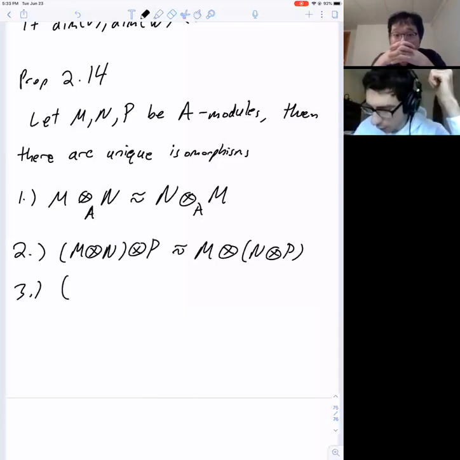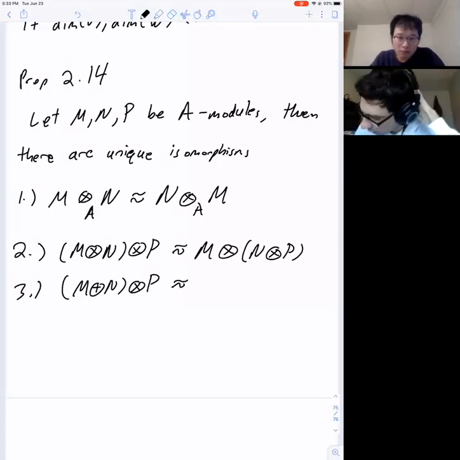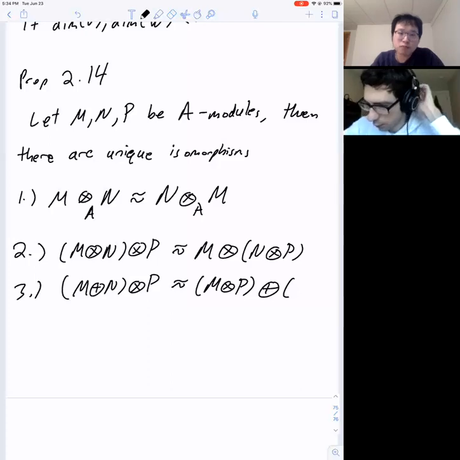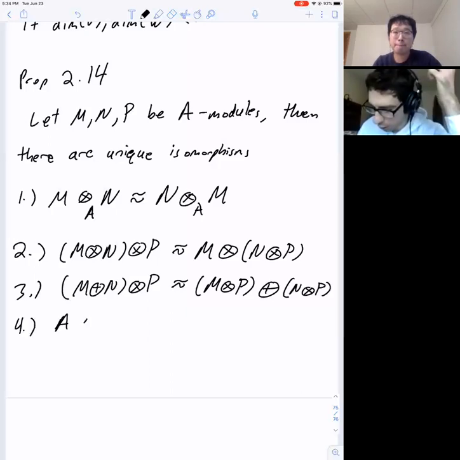And then, for the direct sum, it should behave like M tensor N plus M tensor P. So the tensor product and direct sum behave like multiplication and addition. Multiplication is distributive over addition. And the fourth one, I said, should look like this.